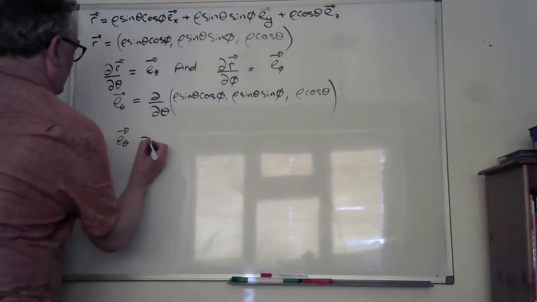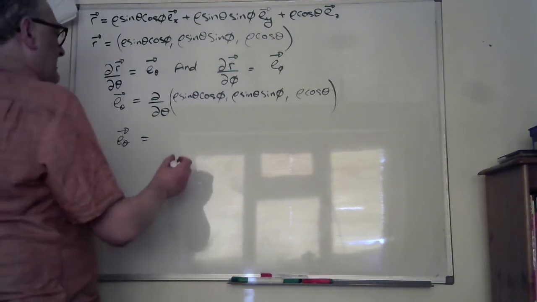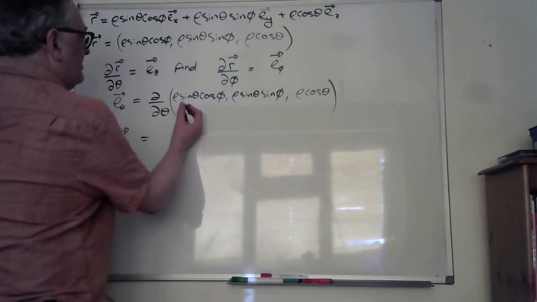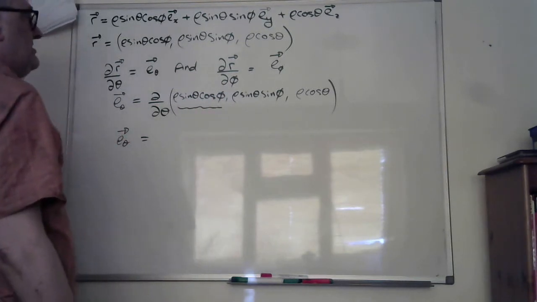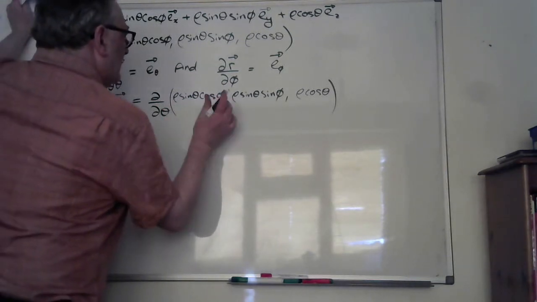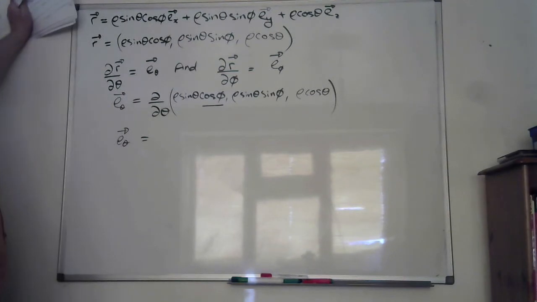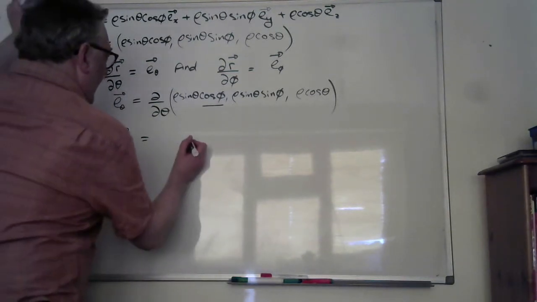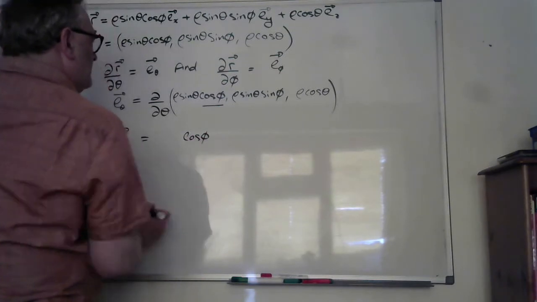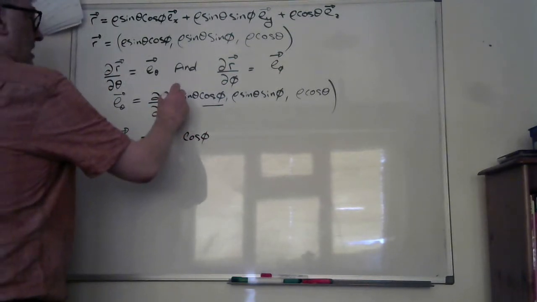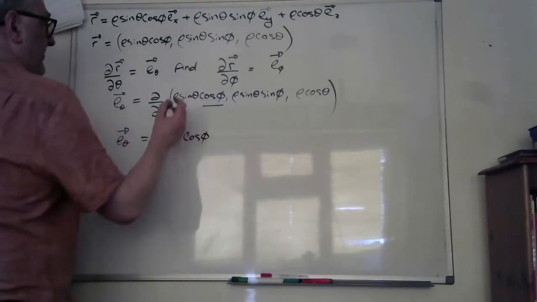all of that, we've got e theta is equal to, well, if you differentiate this first bit with respect to theta, you hold the cos phi constant. So the cos phi doesn't change, and the rho doesn't change, but the sine theta does.